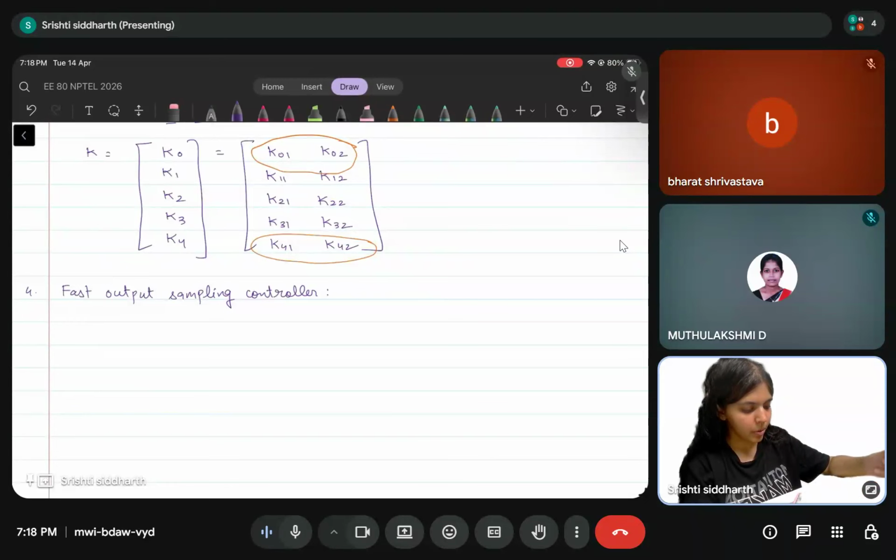Let's recall a concept about this controller before moving on to the design for the control for nuclear reactors.